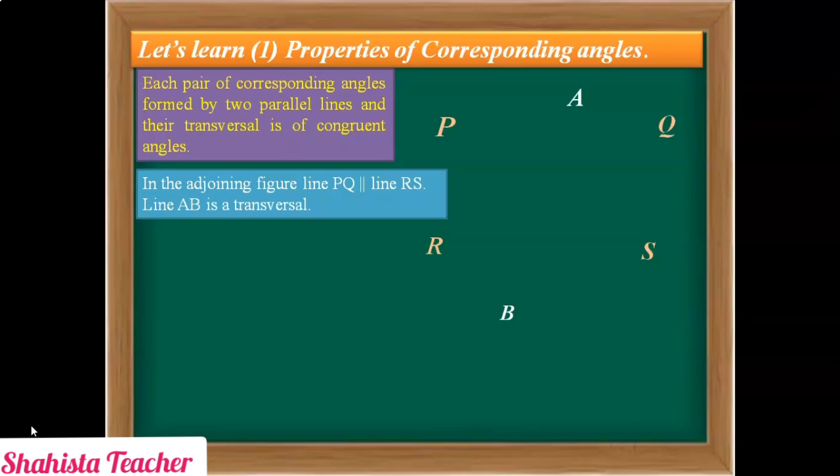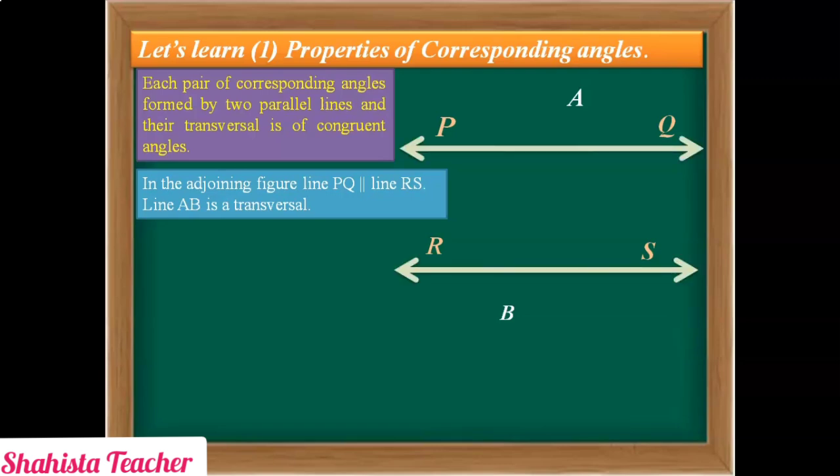Corresponding angle means same side, same direction. Each pair of corresponding angles is formed by 2 parallel lines, like PQ is parallel to RS, and line AB is the transversal line for these 2 parallel lines.